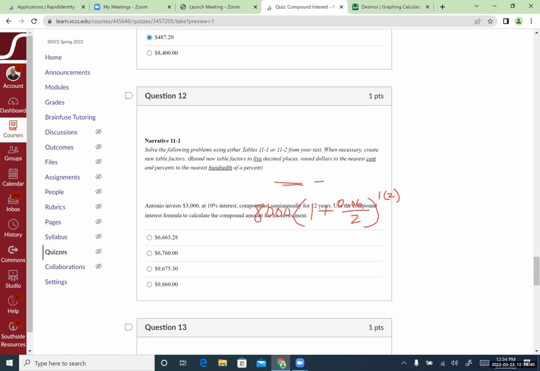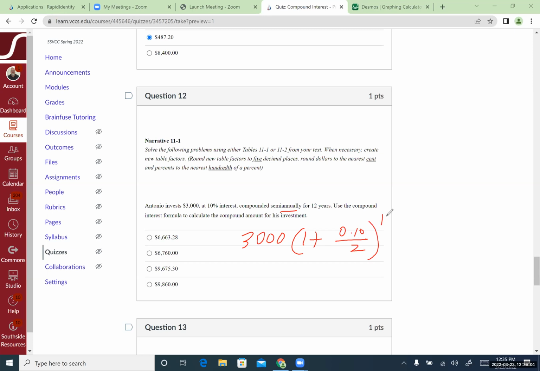4 more questions. Antonio invests $3,000 at 10%, compounded semi-annually, 12 years. Use the interest formula. Will do. $3,000. The rate is 10%. The number of times semi-annually, twice a year.